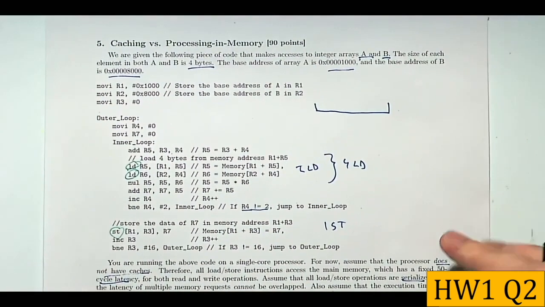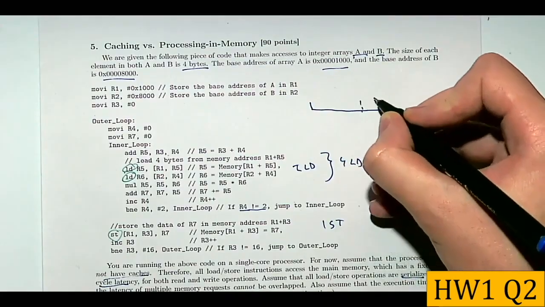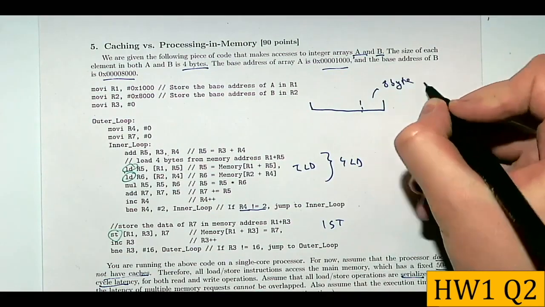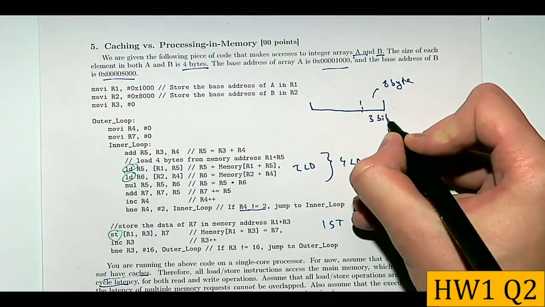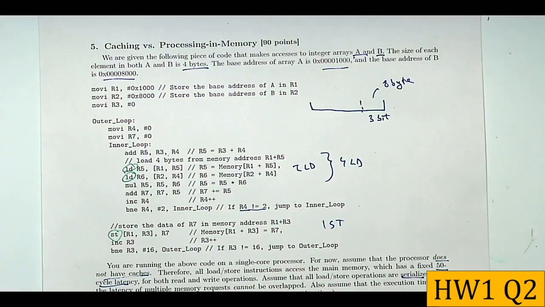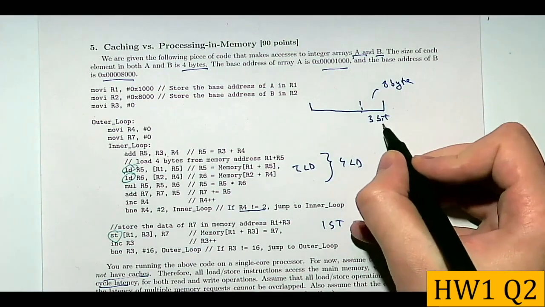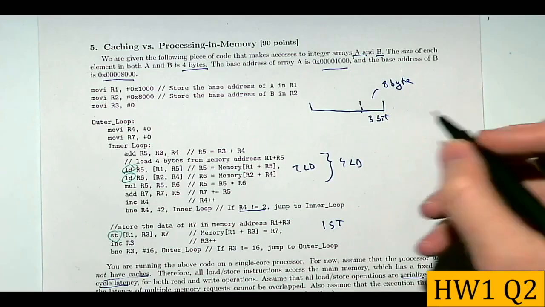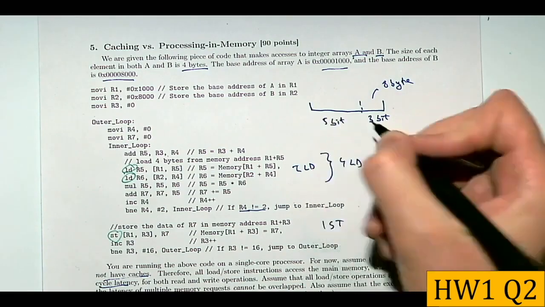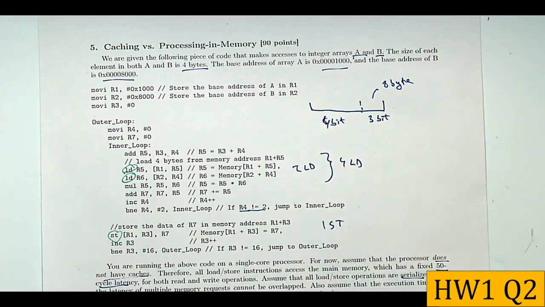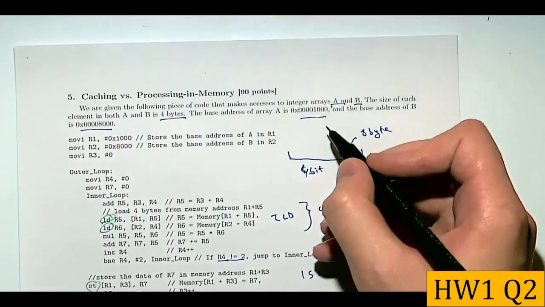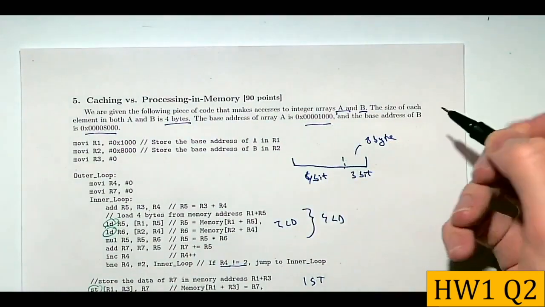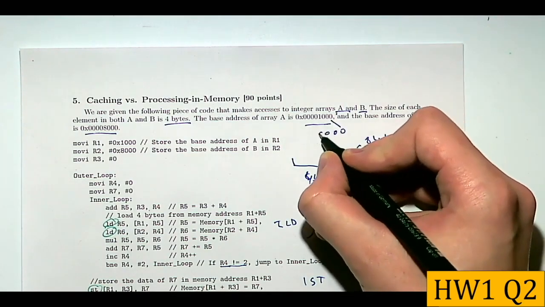Since we have 8-byte blocks, the last 3 bits of the address will be the offset, which byte within the cache block is addressed. Those least significant 3 bits will indicate that. And then the next 4 bits of the address will tell us which entry of the cache that address is targeting. So if we convert this hex number to binary, we will see that we have a bunch of zeros here.